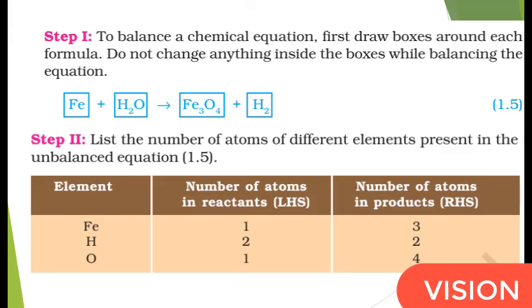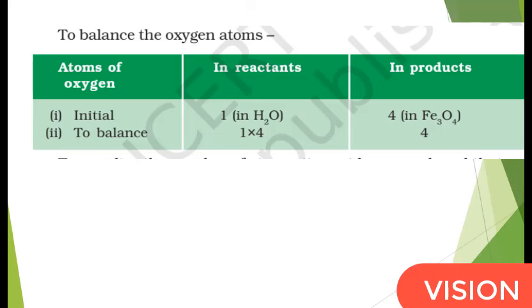After that, step number 2, we count the elements present in the LHS and RHS. After that we look at where the maximum is present, and based on that we add to the minimum side only. Like that we have to take one by one.